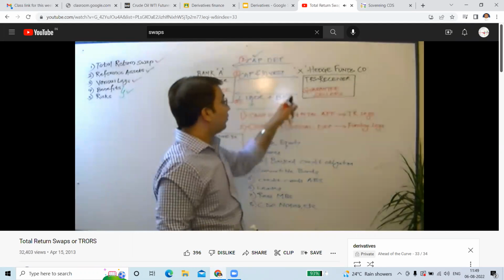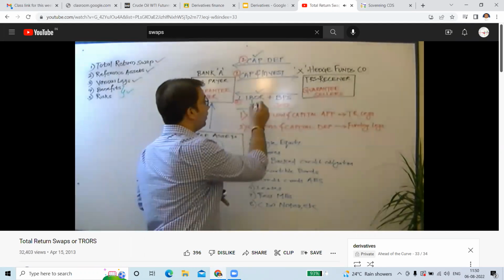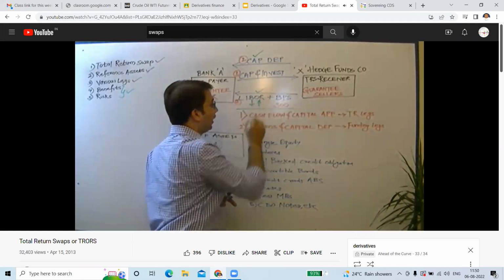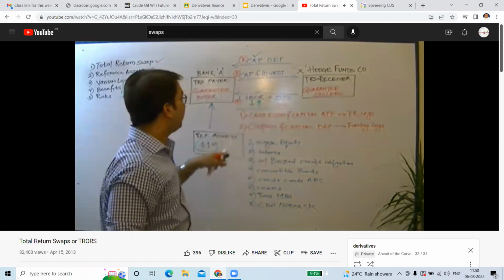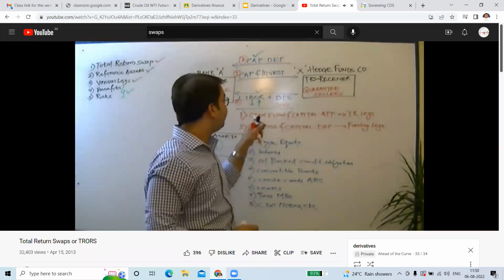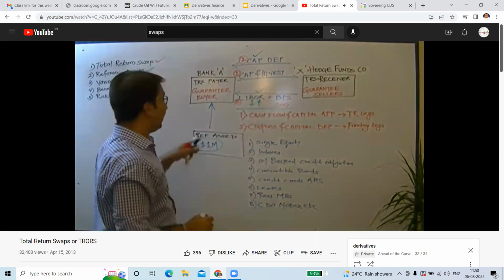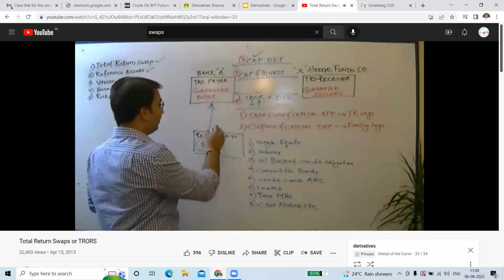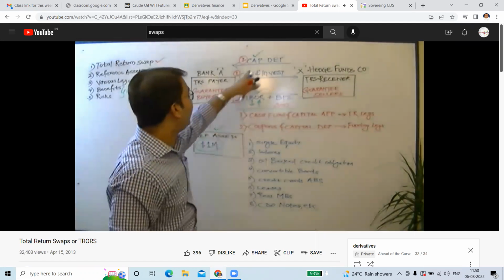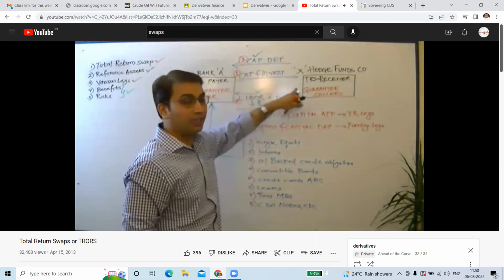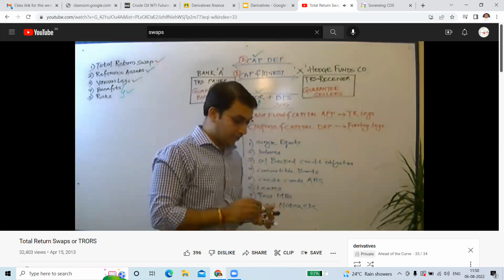The risk for this hedge fund X is that if the interest rate increases, he has to pay much more interest. Second, he owns the capital risk of this particular reference asset. If anything goes wrong, he has to pay the capital depreciation from his own pocket. Again, that's a risk.